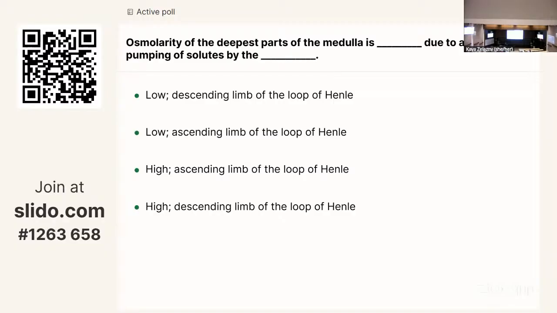Well, let's remember what our osmolarity was like in those deepest parts of the kidney and which part of our nephron, one of the pieces of the loop of Henle, is primarily responsible for creating this gradient. Let's take a look.